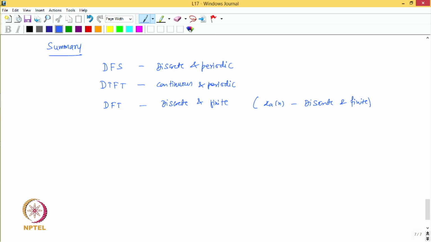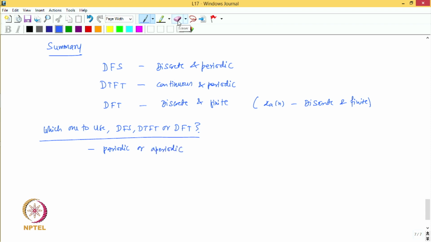So now in practice, which of these tools should be used for finding the frequency domain representation: DFS, DTFT or DFT? Which one to use? In practice the signal can be periodic or aperiodic. The signal we are measuring could be a periodic signal or an aperiodic signal.